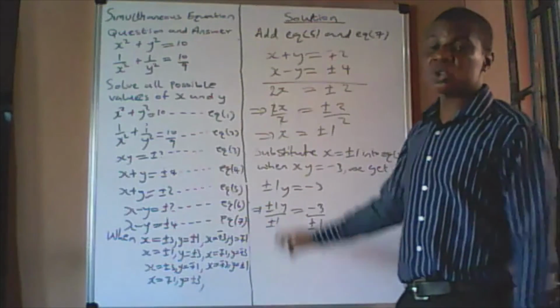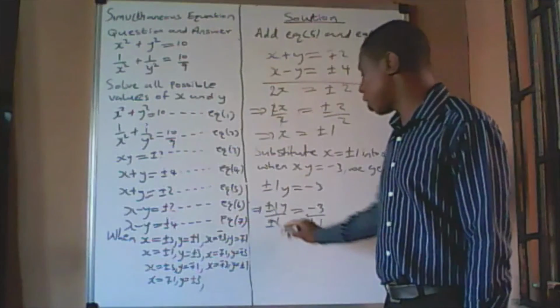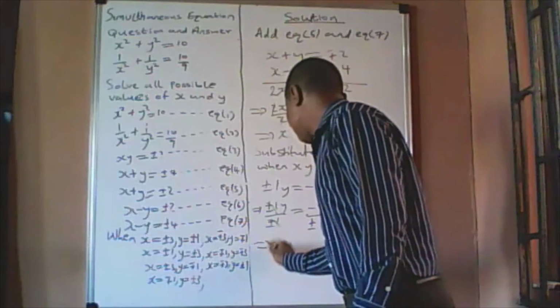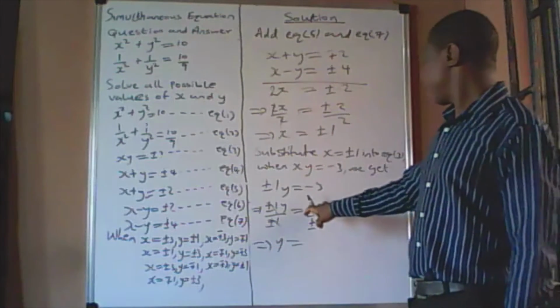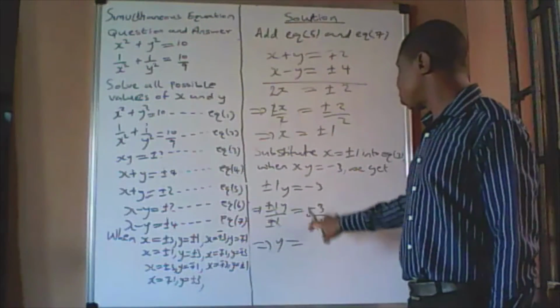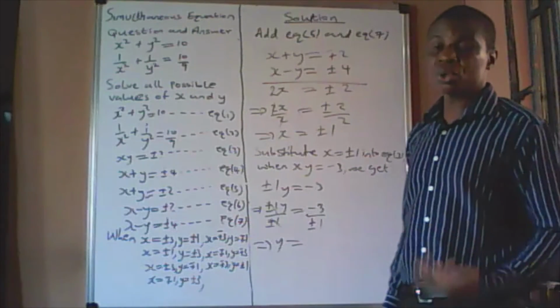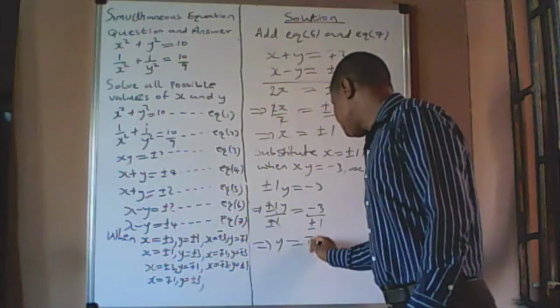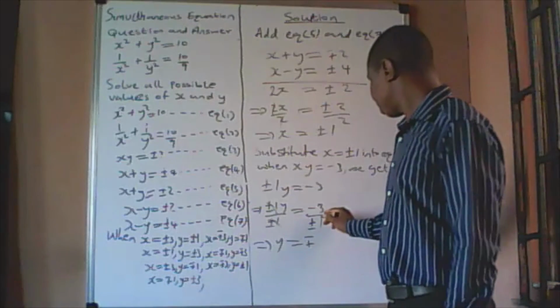Then plus or minus 1, we divide plus or minus 1. We cancel each other. It implies y remains, y equal to, then minus divided by plus will give us minus. Then we're going to have minus or plus 3 divided by 1 gives us 3.